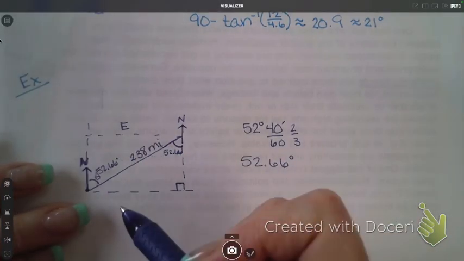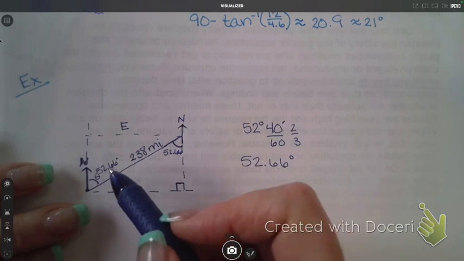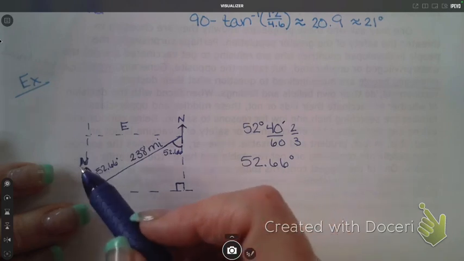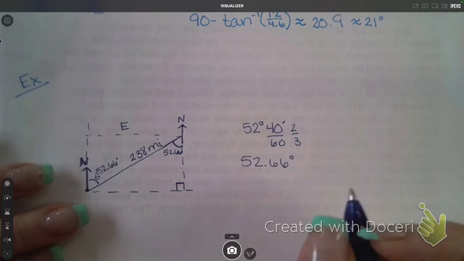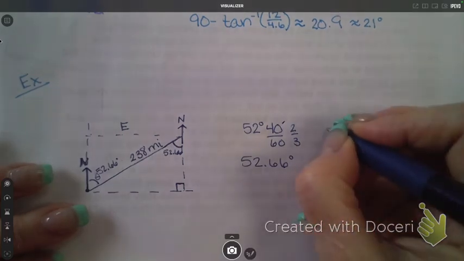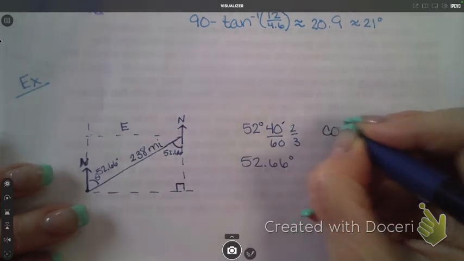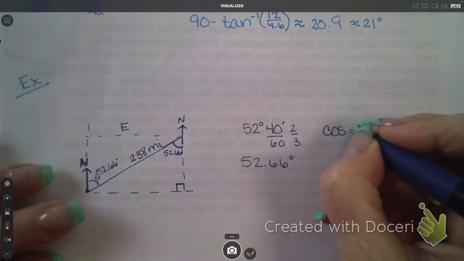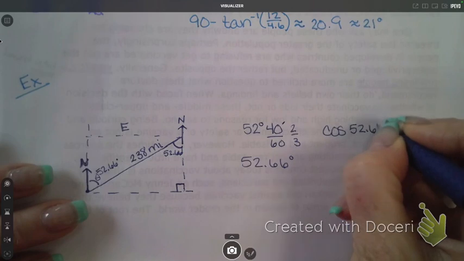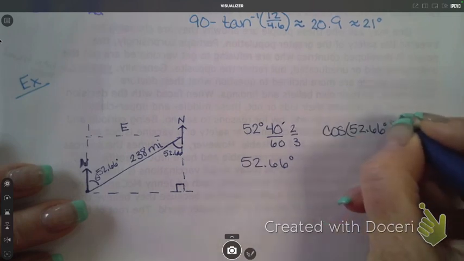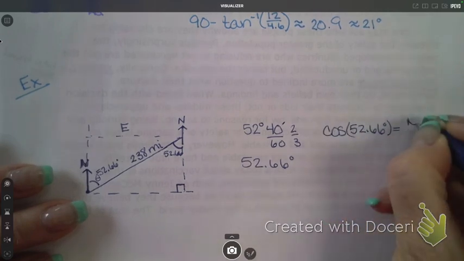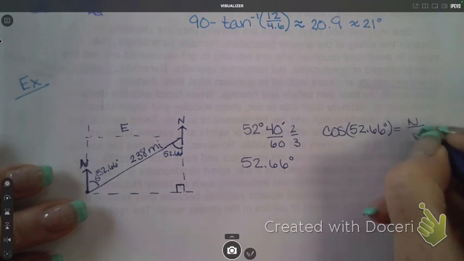An angle, adjacent over hypotenuse. So what is that? Cosine. So I have cosine of 52.66 equals north over 238.